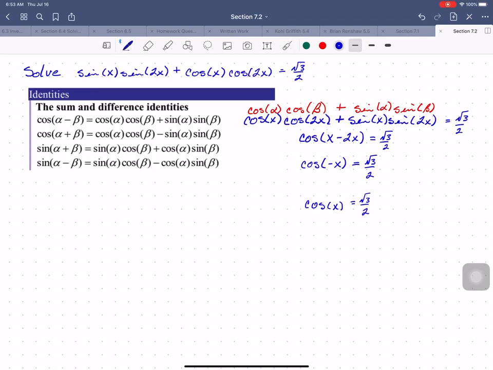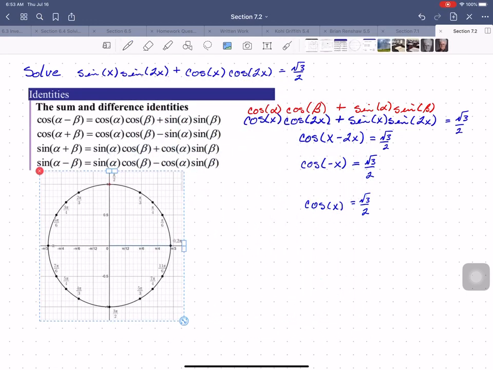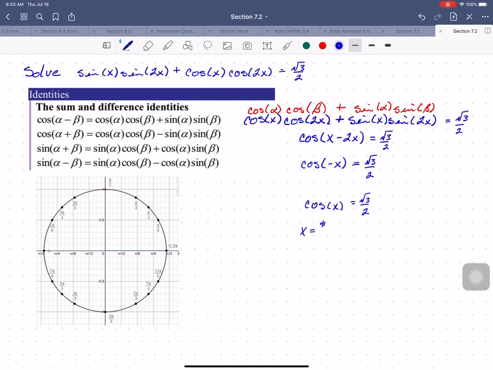We think about our unit circle, and we realize that cosine x equals root 3 over 2 means x equals pi over 6 plus 2k pi, or x equals 11 pi over 6 plus 2k pi.